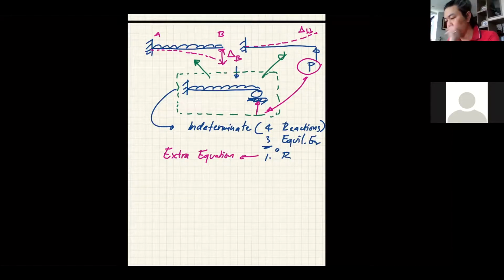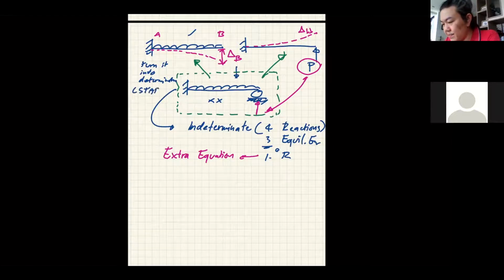Okay? And from this, we can split our indeterminate structure into 2 conditions. The first is, of course, we must turn this indeterminate structure into a determinate one. But the catch is that it must be stable.